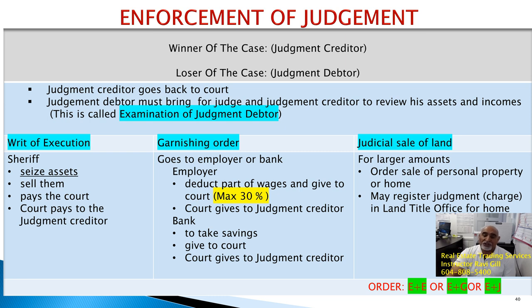Then the judge decides whether to go with examination plus the writ of execution, examination plus the garnishing order, or examination plus the sale of land. So it's one of those three.